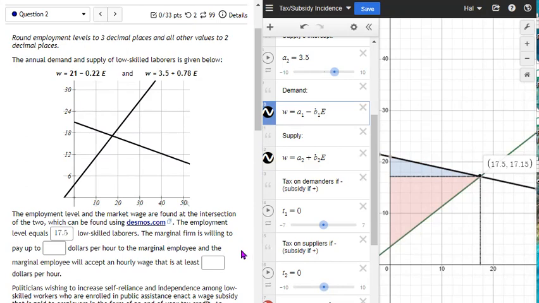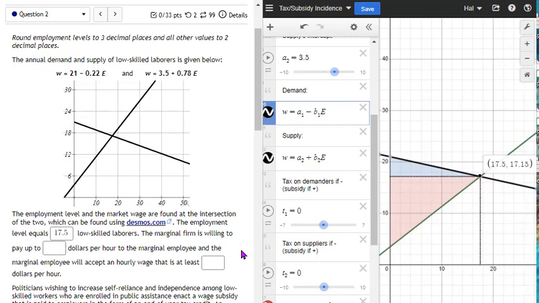The marginal firm is willing to pay. Now, the marginal firm here is the firm that probably has a higher cost structure than other firms hiring in this labor market, right? It's the marginal firm. And it hires the last worker, right?